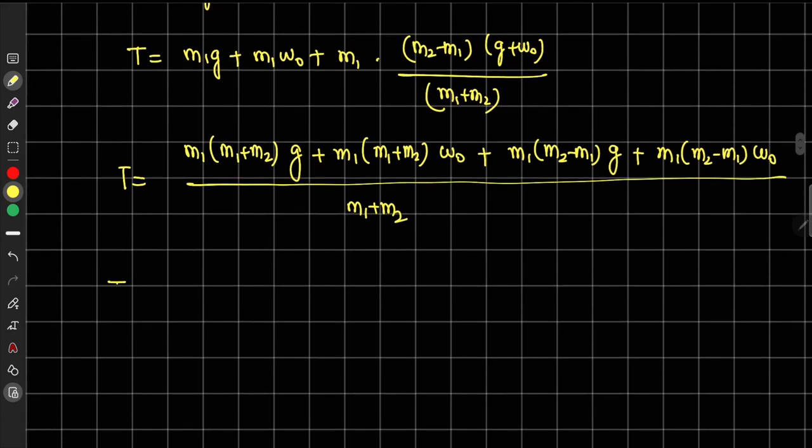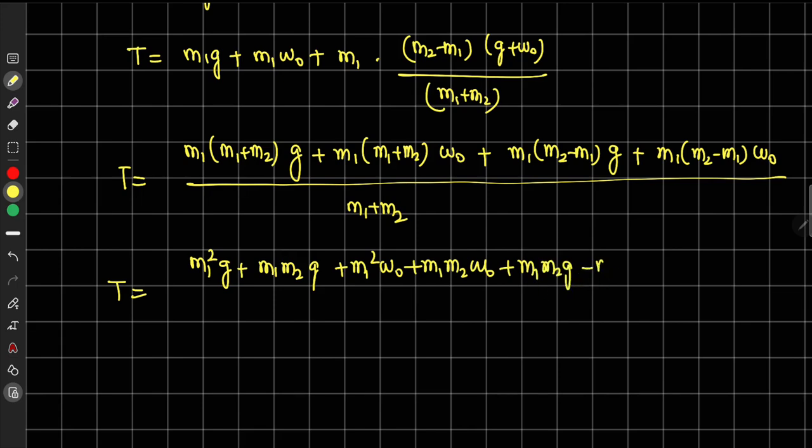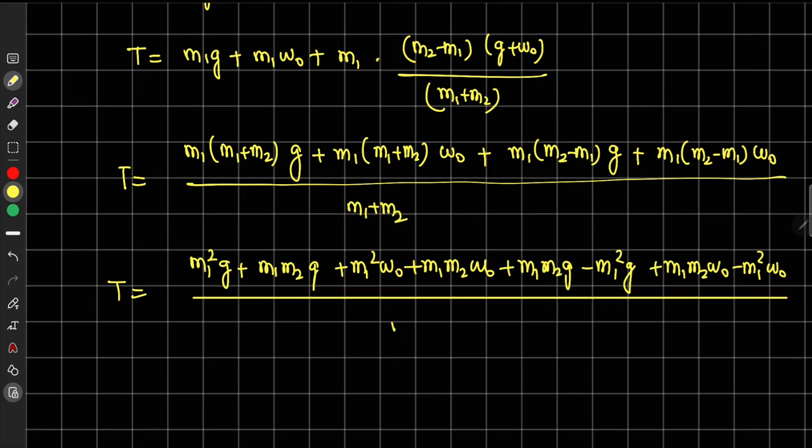So from here we can write tension force is equal to m1 square g plus m1 m2 g plus m1 square w0 plus m1 m2 w0 plus m1 m2 g minus m1 square g plus m1 m2 w0 minus m1 square w0, whole divided by m1 plus m2.